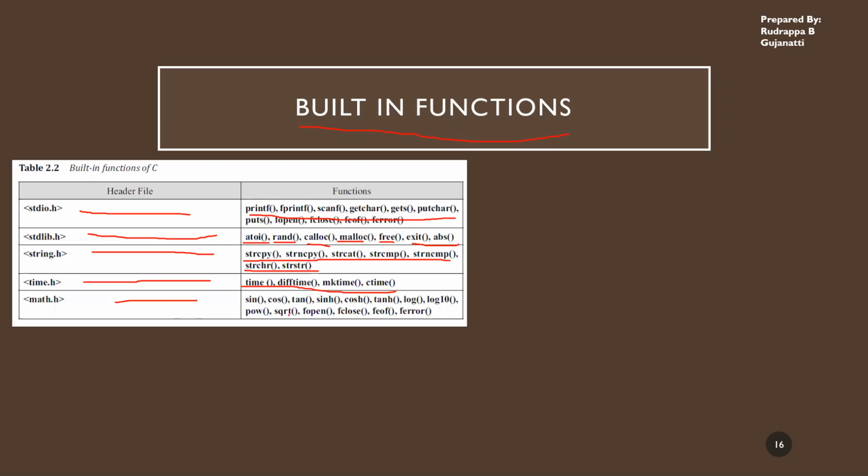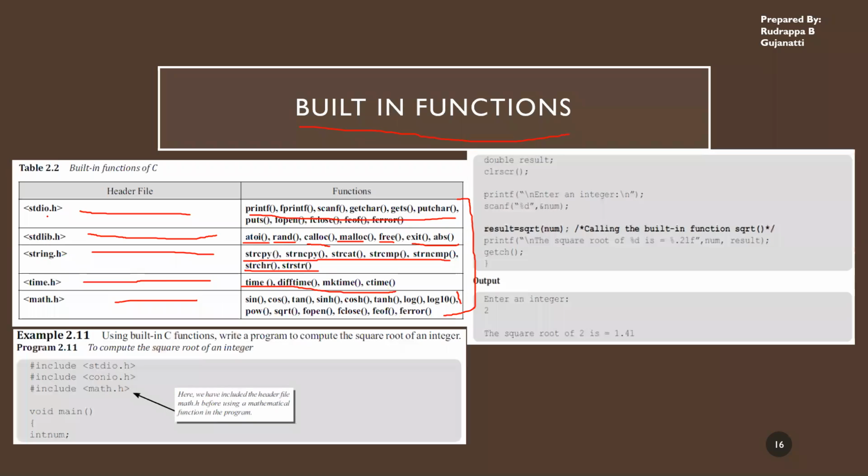In math.h, you have sine, cos, theta, fclose, fopen. So all these mathematical related operations, that is the functions, are present in these header files. These are a few to name, which are the built-in functions available in the C program.